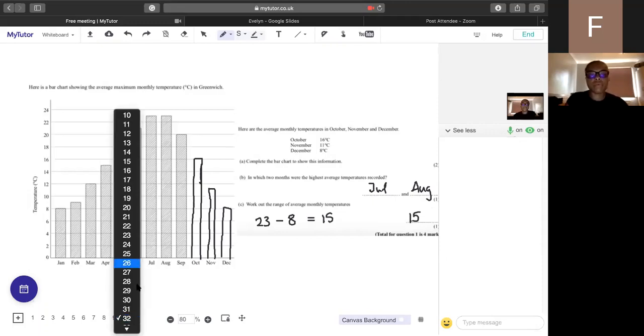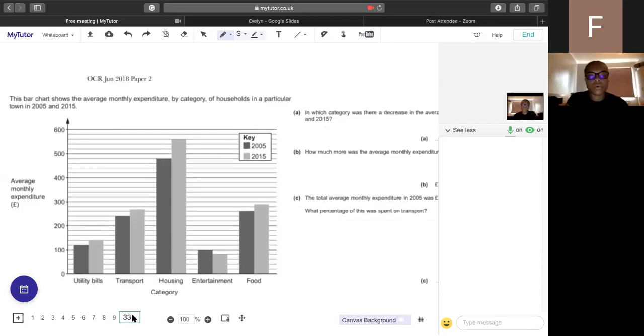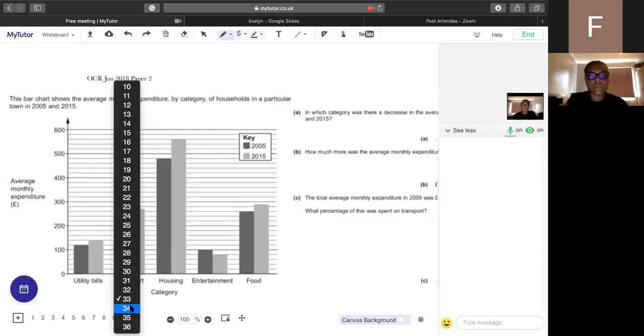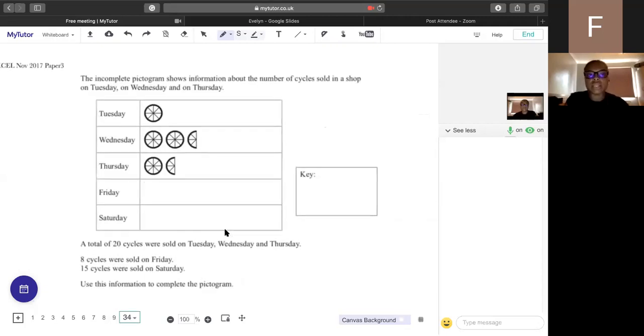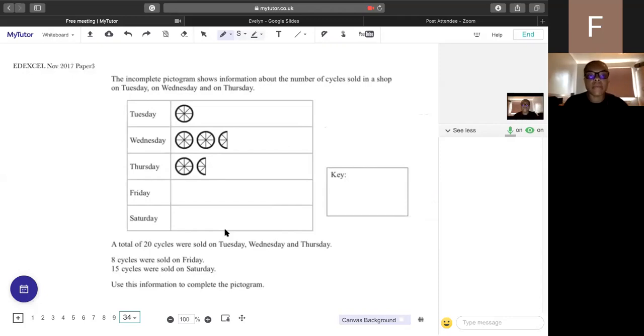So we probably have time for one more question, which I will do on pictograms. So this one is a past paper question from Edexcel, November 2017, from paper 3.